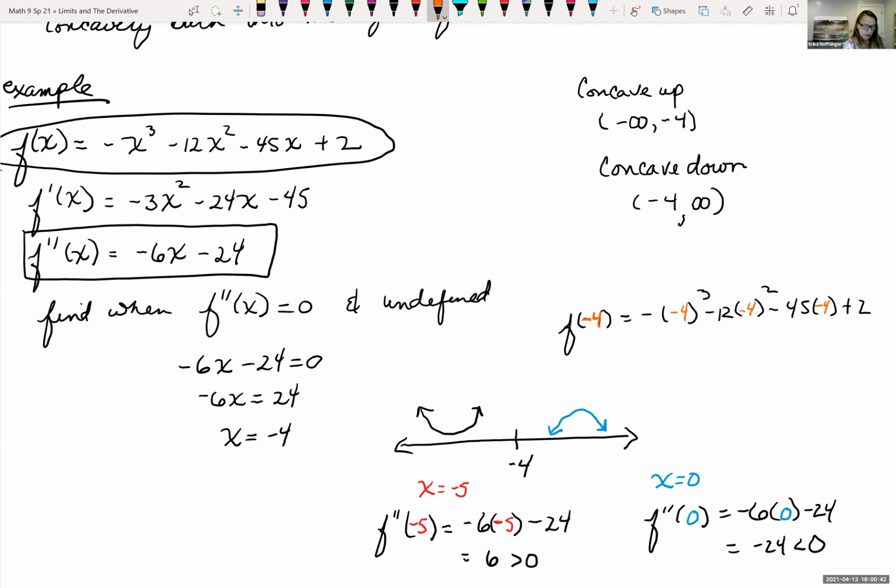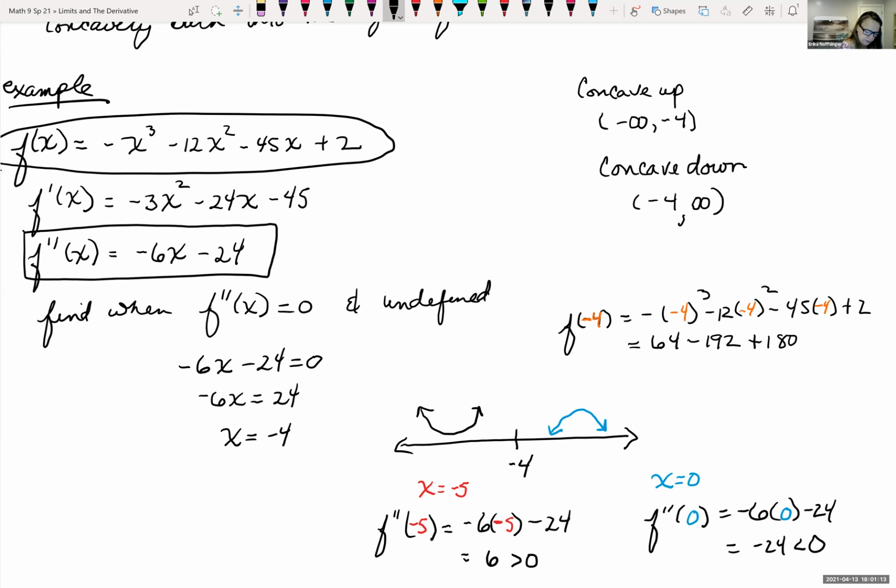So I know if I cube negative 4, I get negative 64 with a negative out front, so this is going to be equal to 64. Negative 4 quantity squared is 16. 16 times the negative 12, so it's going to be minus 192. Negative 4 times negative 45 gives me plus 180. Plus 2.